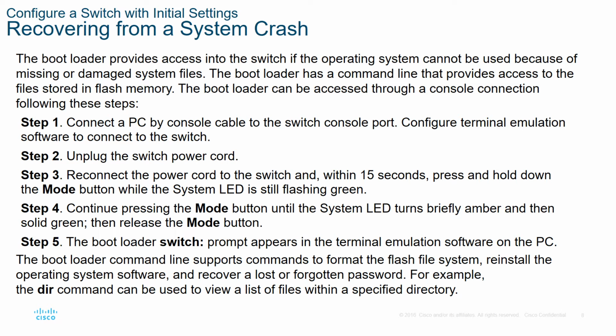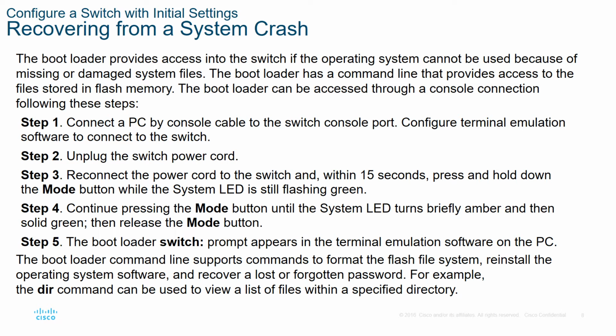while the system LED is still flashing green. Step 4, we have to continue pressing the mode button until the system LED turns briefly amber and then solid green. Then we have to release the mode button. The bootloader switch prompt appears in the terminal emulation software on the PC.